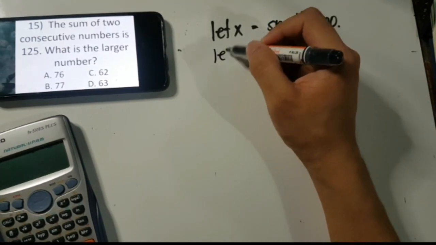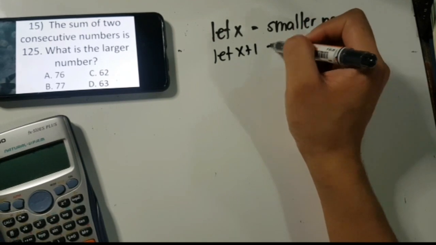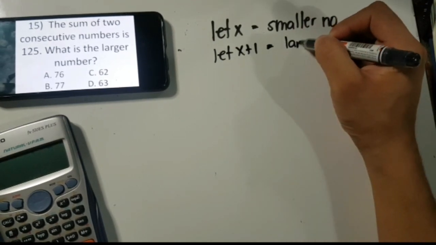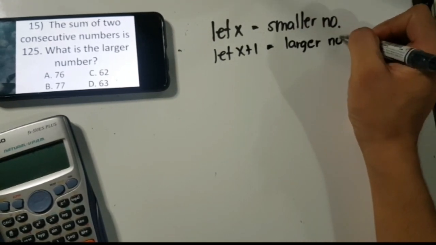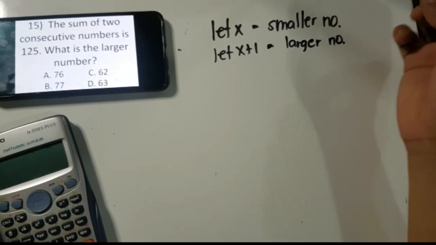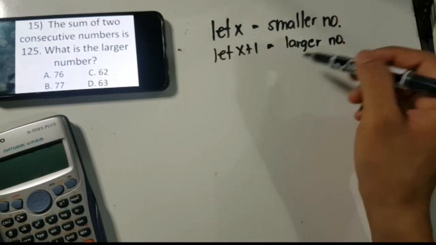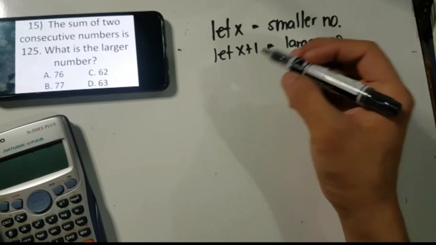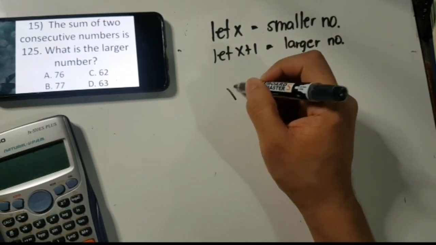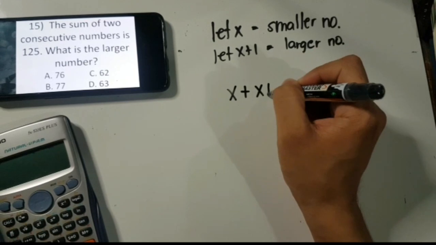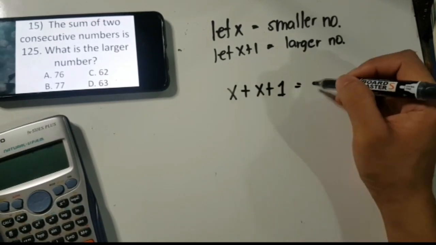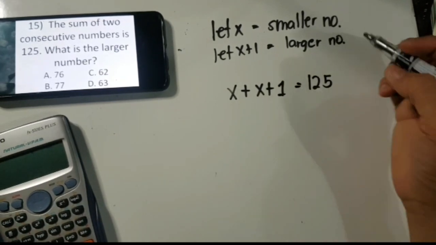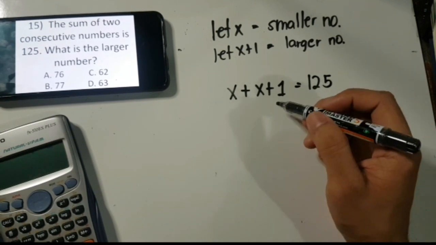So, let x plus 1 be the larger number. Next. So, sabi sa question, sum of these two numbers are equal to 125. So, x plus x plus 1 is equal to 125. So, kailangan natin makuha yung value ni x.